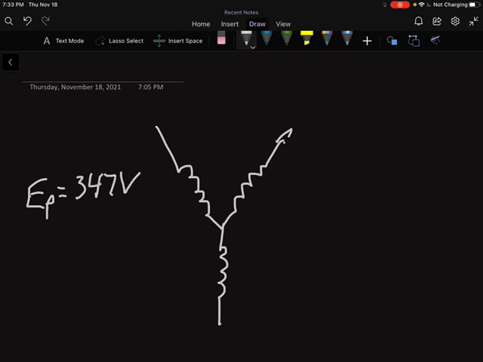And I'm going to say that I have a resistance per phase of 10 ohms per phase. So that means that I have 10 ohms here, 10 ohms here, and 10 ohms here.